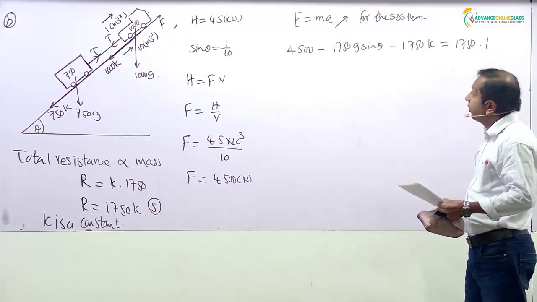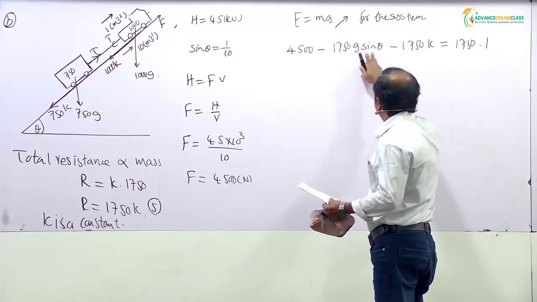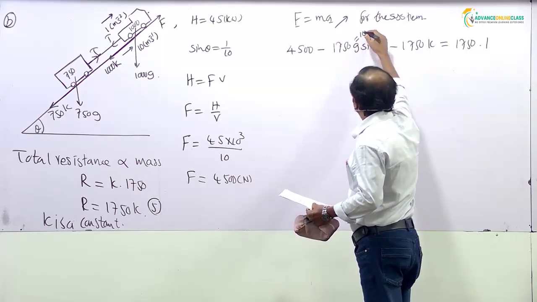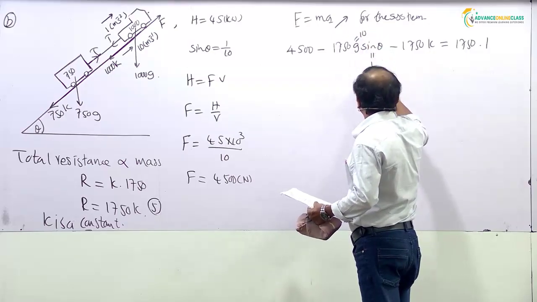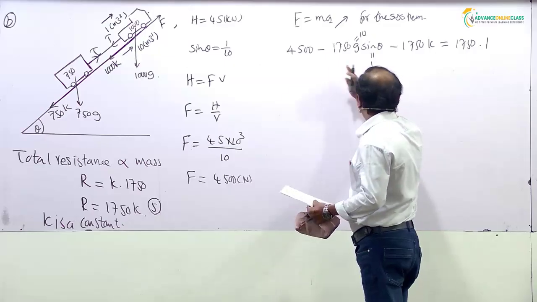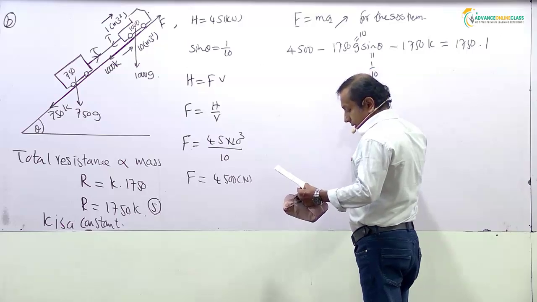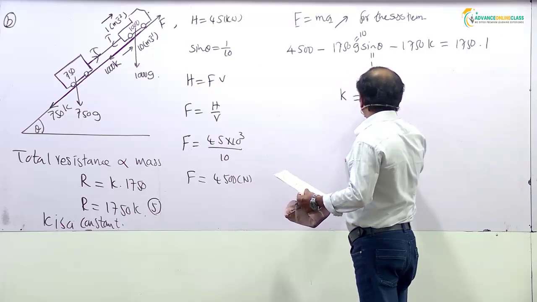Then sine theta, put 1/10. Take g as 10, sine theta 1/10. When you simplify this, you get an answer for K. K comes as 4/7.